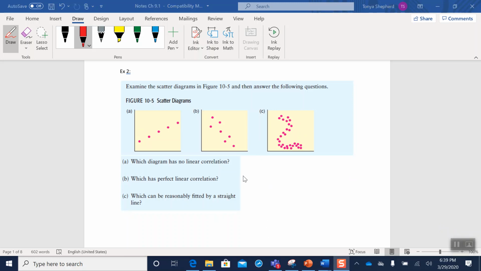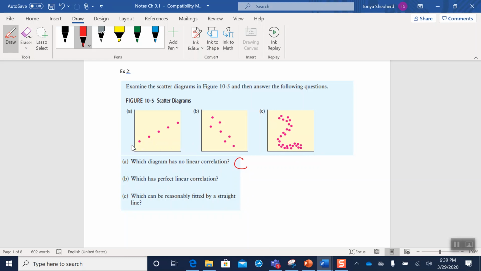Okay, so what did you decide? Which of these diagrams has no linear correlation? Well, it's going to be diagram C. Diagram C to me kind of looks like a king cobra or something. Definitely not a straight line. B, which one has a perfect linear correlation?